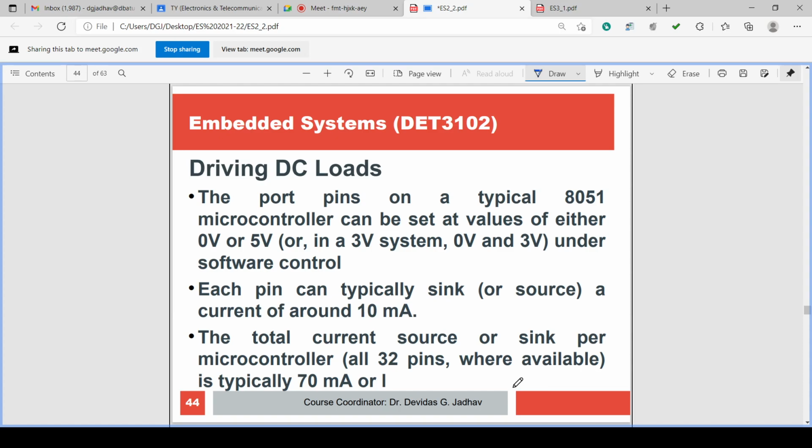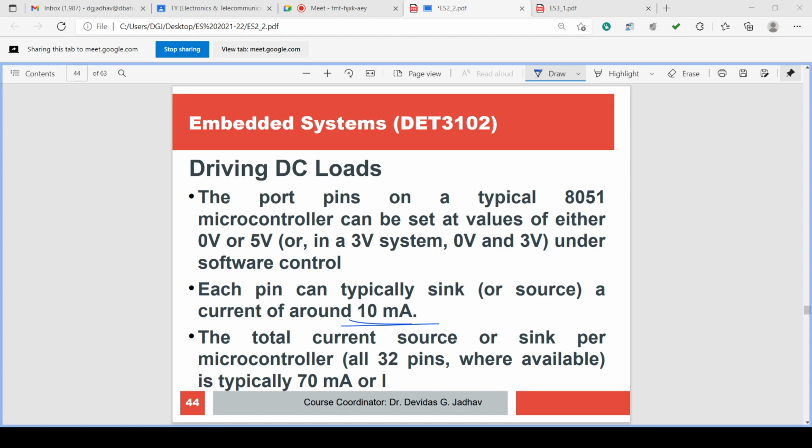Sinking of the current is there, sourcing of the current is there, and it is around 10 milliampere, which is an important specification we should know. Then and only then can we use the circuits appropriately, safely, without burning or destroying the circuit.